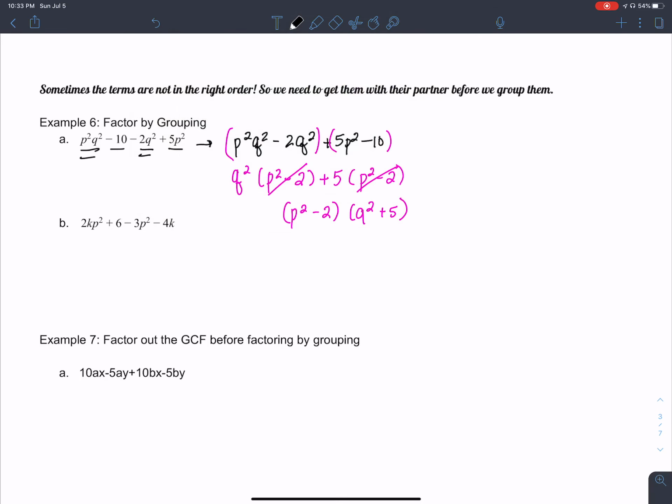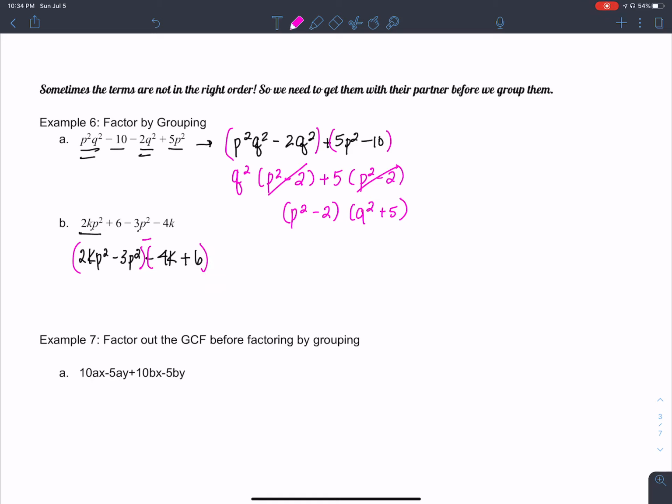All jumbled up. I need things to go together. So if I look here, this is 2kp squared. Well, it has something in common with the p squared. This goes together, so let me put that together. 2k p squared minus 3p squared. And then let's do minus 4k and plus 6. Okay, here we go. So Spock it.